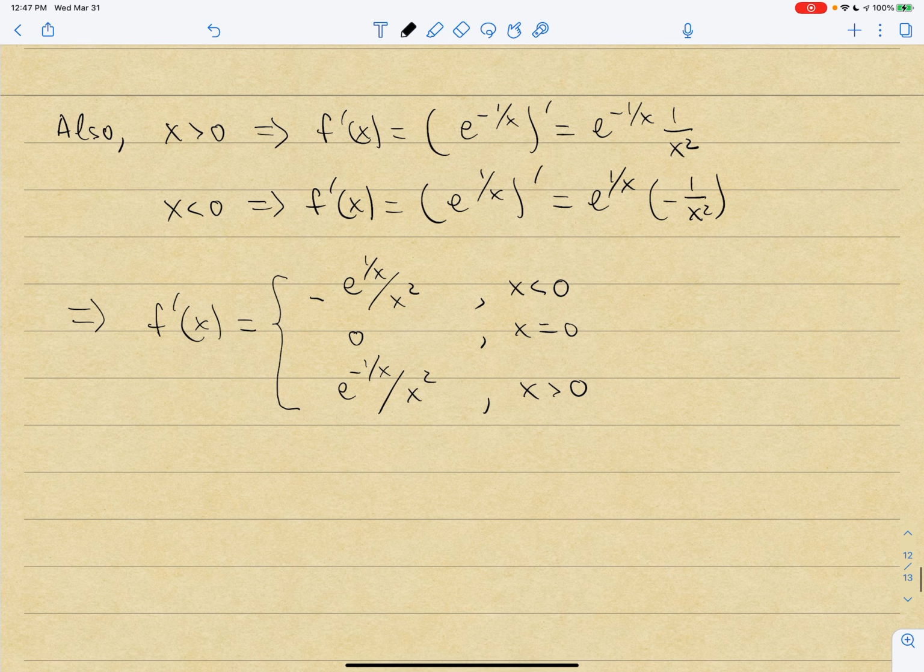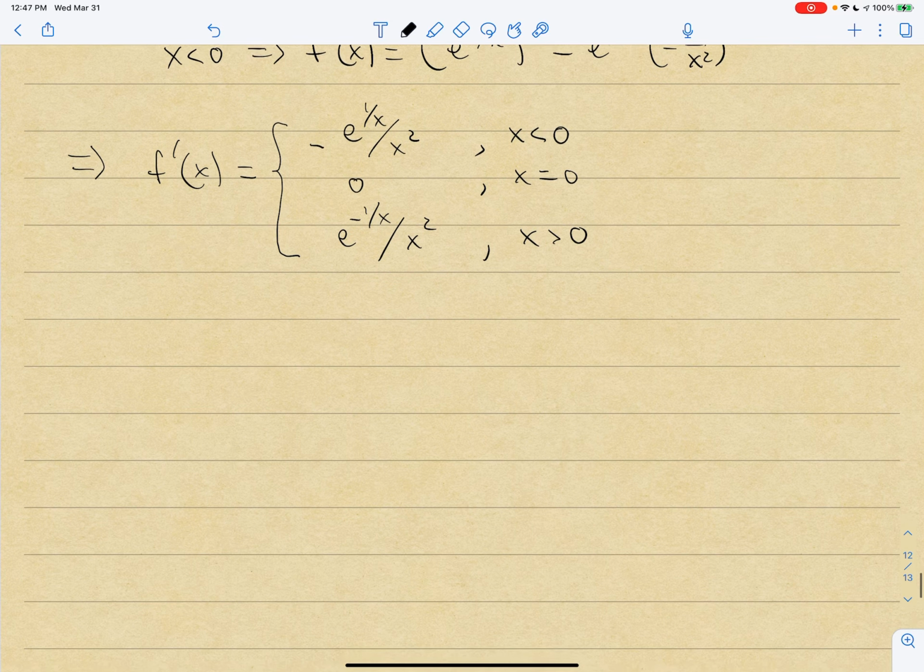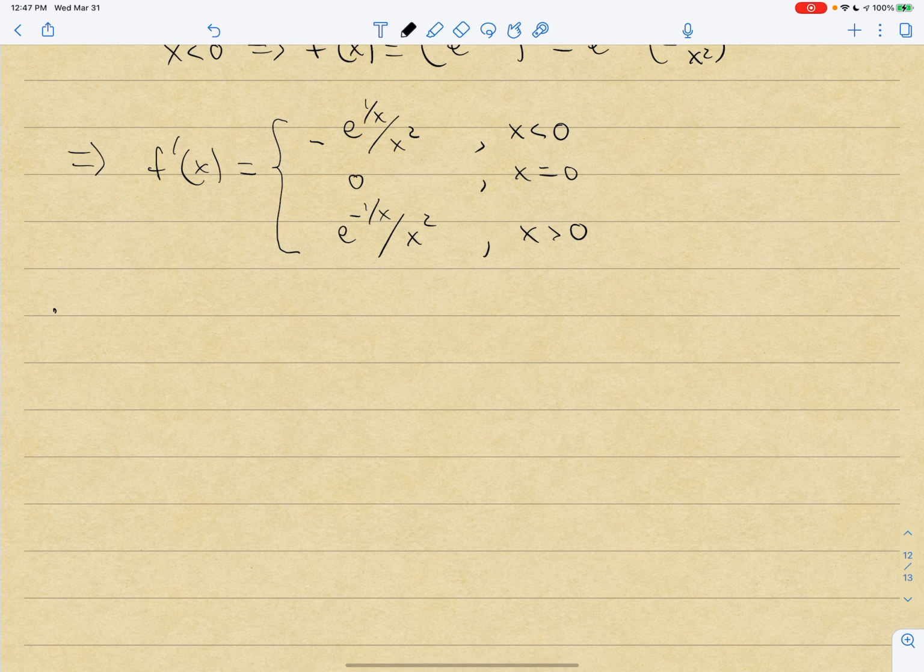And of course, when x is negative or x is positive, f prime of x itself is a differentiable function, right? So if x is negative, then I can compute f double prime of x. That's going to be a derivative, which I can compute by using the quotient rule and the chain rule.